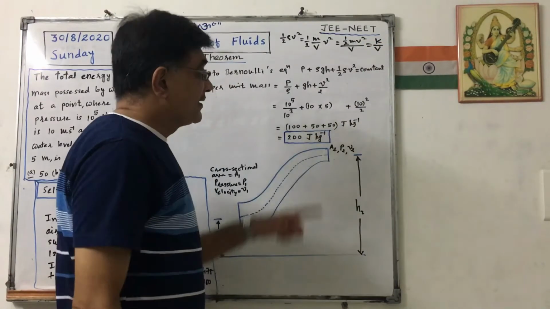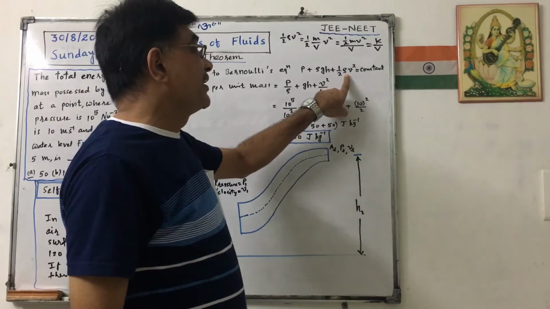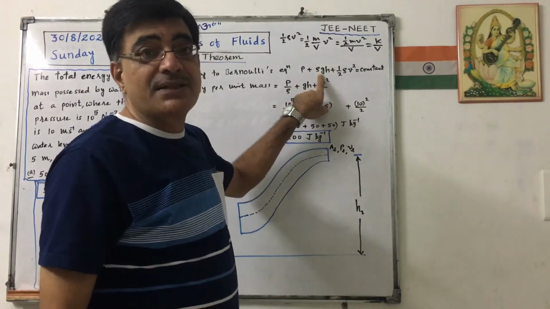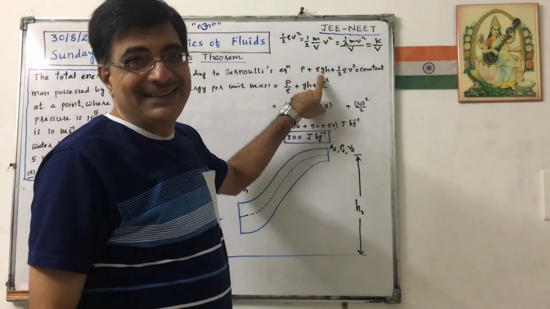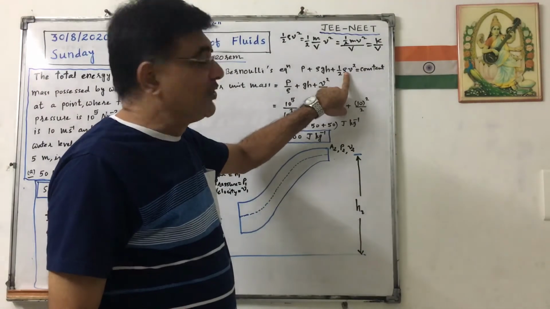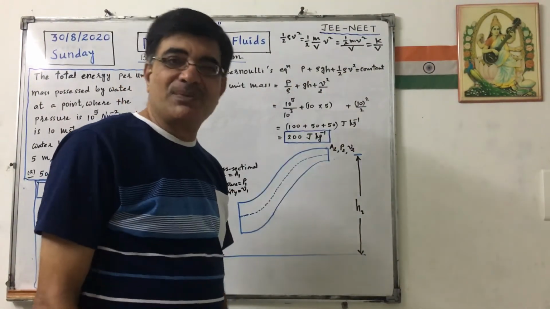So actually this term is kinetic energy per unit volume, and this term is potential energy per unit volume.